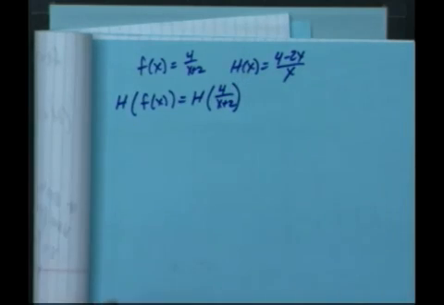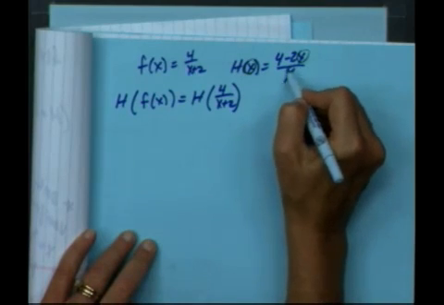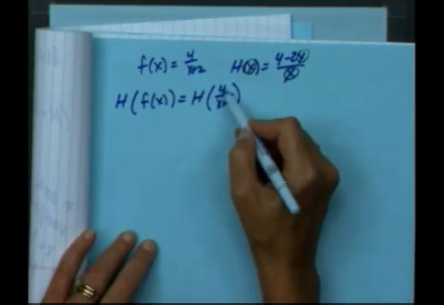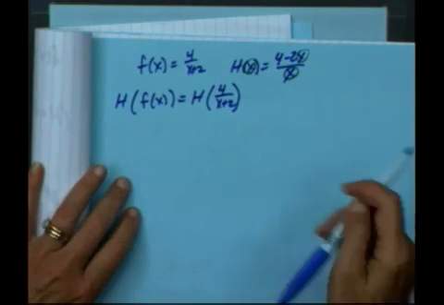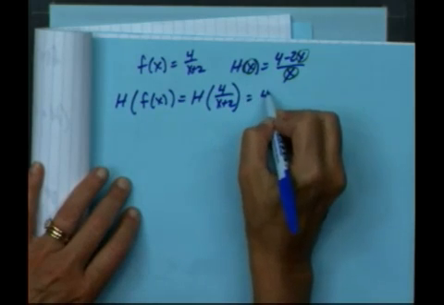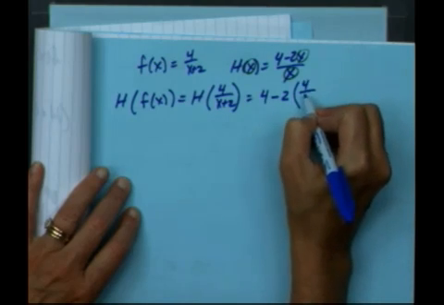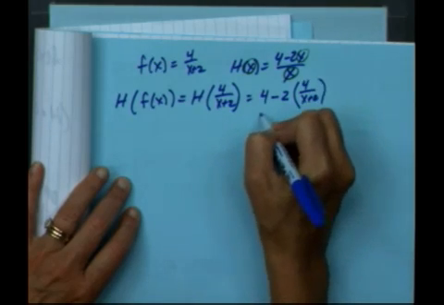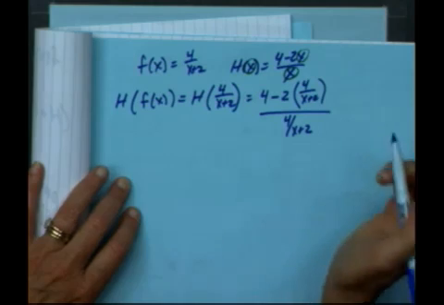So where you have x in h, you're going to replace that entire fraction there for the x's. So we will have 4 minus 2, and in the place of the x, we write 4 over x plus 2 divided by 4 over x plus 2.